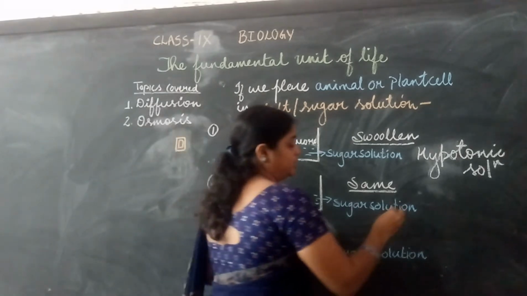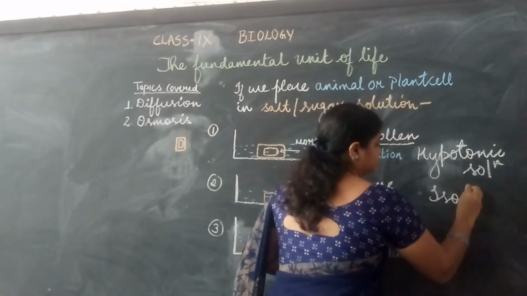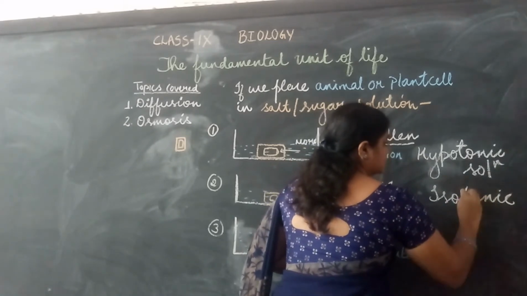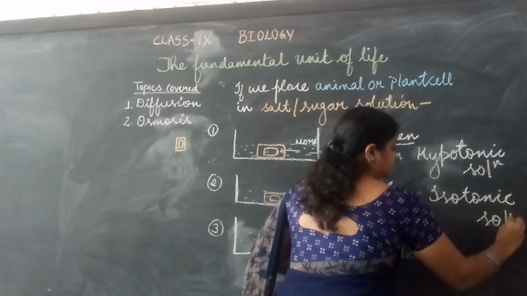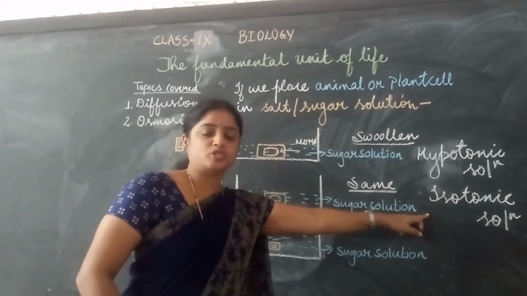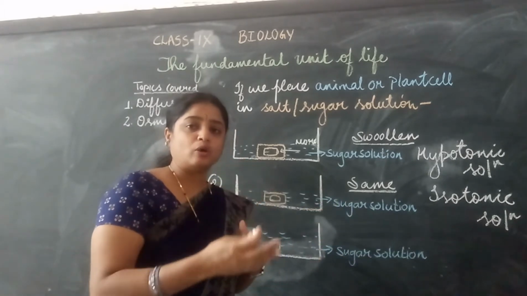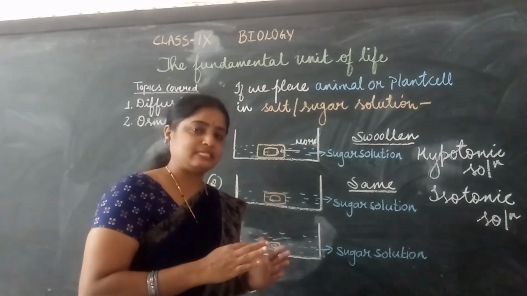Such a solution you call an isotonic solution. If you place a cell in an isotonic solution, the size of the cell remains the same because the movement going outside and coming inside is the same.